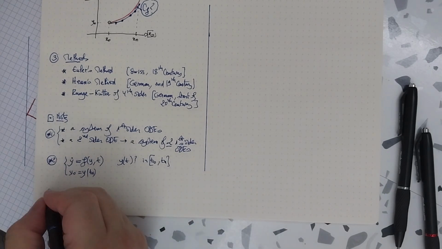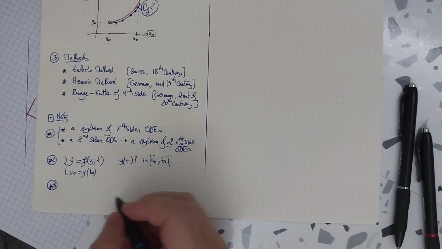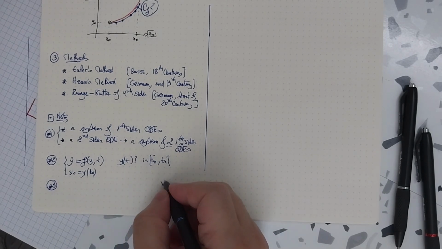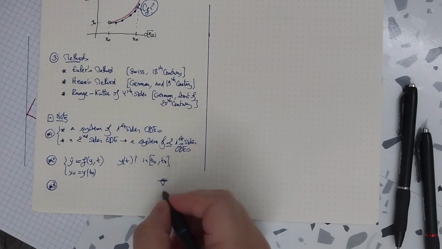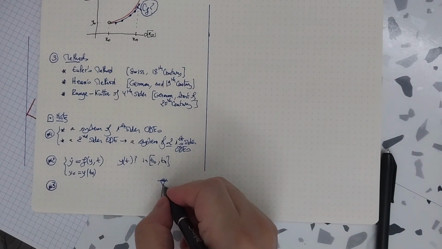Another example of second order that we will solve in this chapter is the well-known case of the pendulum. Let's use another color, with a rod.